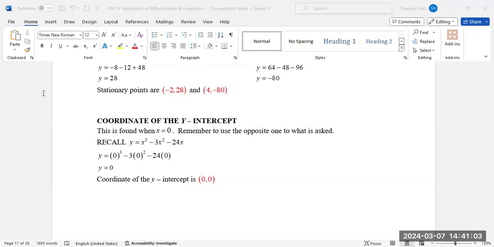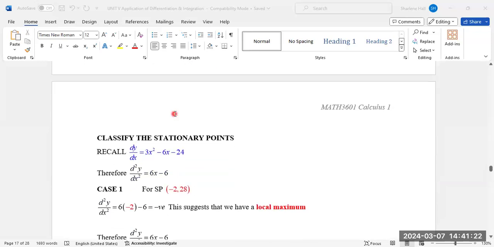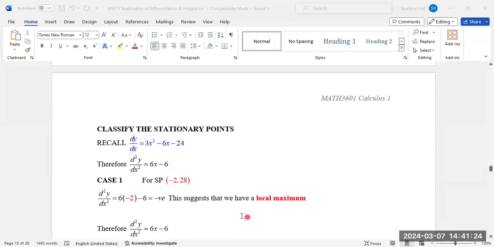Is this point here maximum or minimum? Answer the question that way. Is this point maximum or minimum? Sir, that's minimum. Minimum. All right, that's the minimum. Yes, sir. Very good.